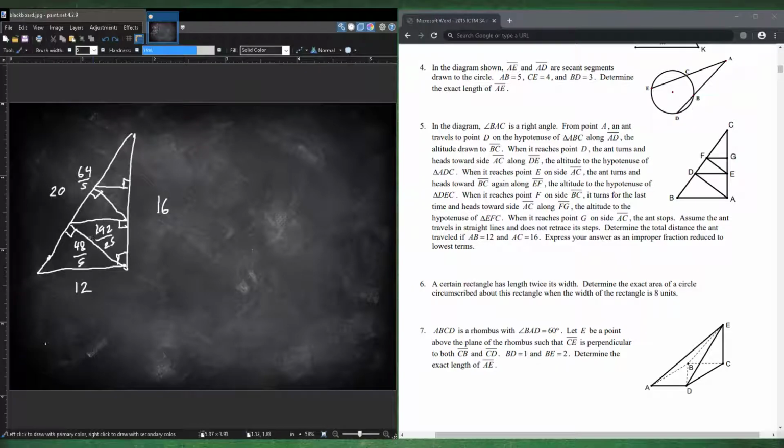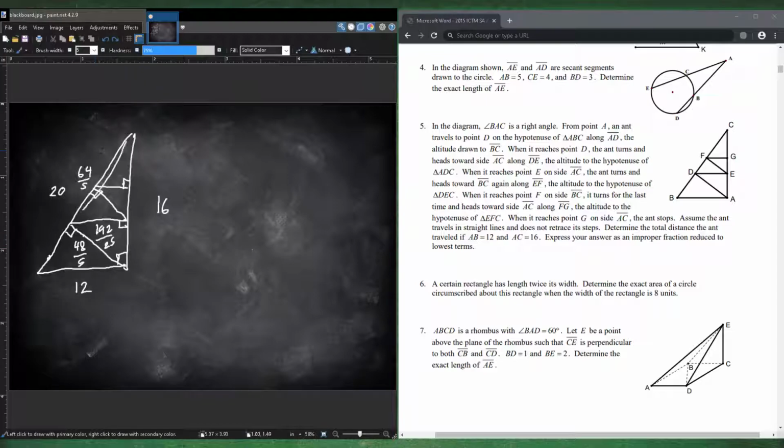So what you notice is that since they're similar, this length has to be proportional to this length, and this length has to be proportional to this length. So that gives us the final two lengths. How do we get that proportion? How do we get from 12 to 192 over 25?